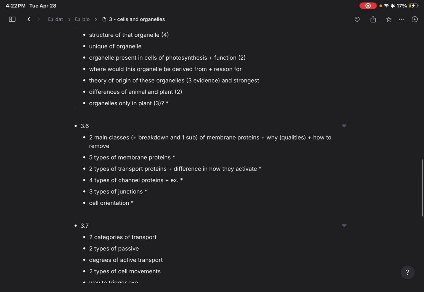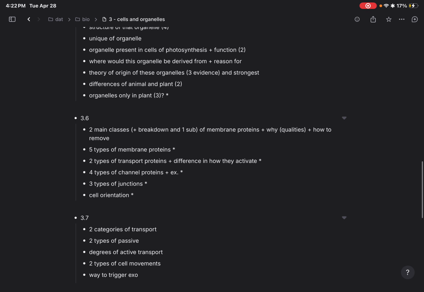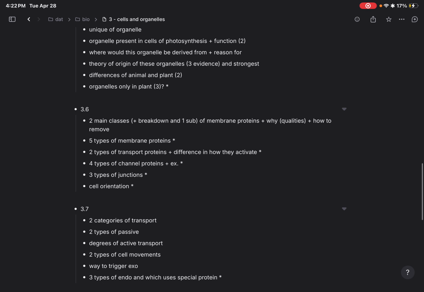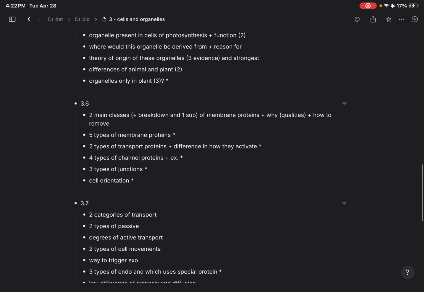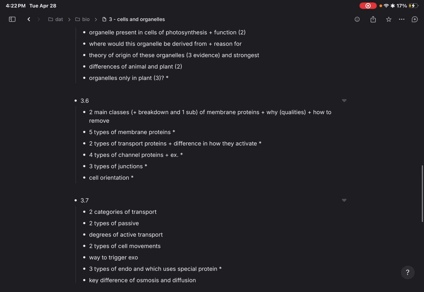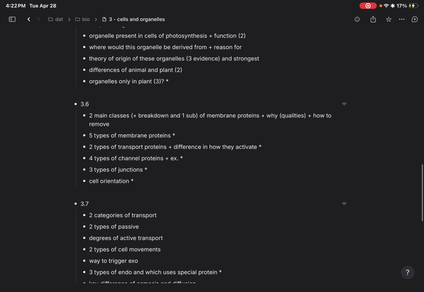Chloroplast function: make ATP, gives the plant its green color, absorbs red and blue light, and reflects green. Where would this organelle be derived from? Cyanobacteria.